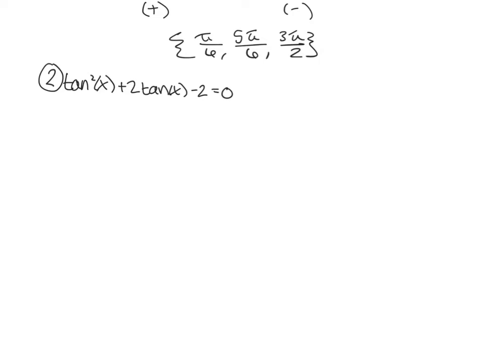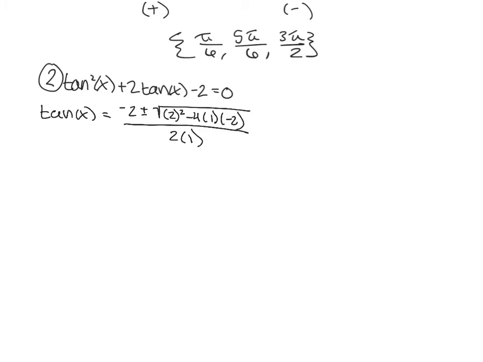But let's see, that is going to be tangent of x, so not just x, is equal to negative our b value plus or minus square root of our b value squared minus 4 times our a value times our c value all over 2 times our a value.